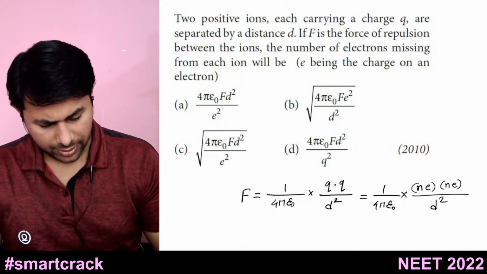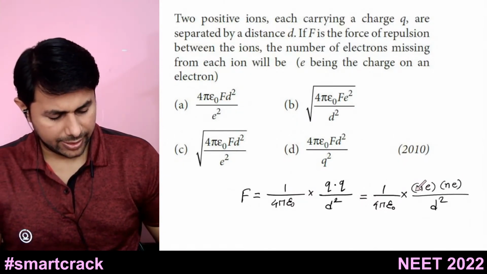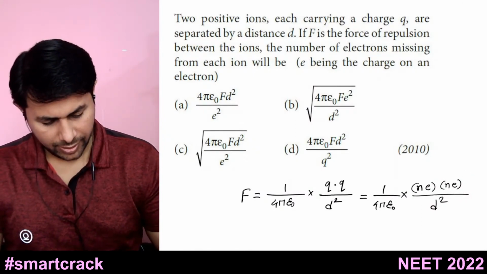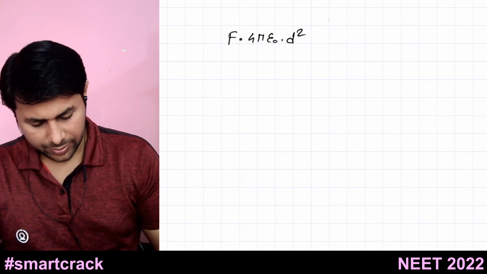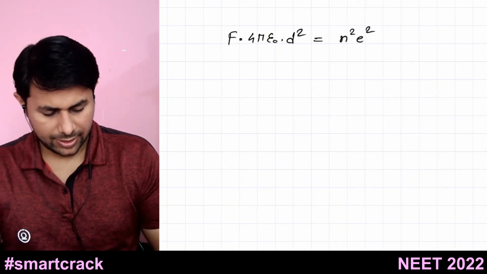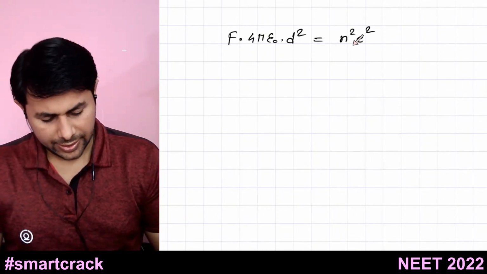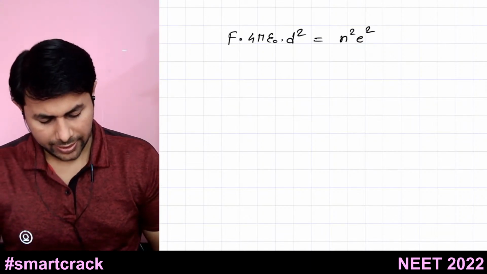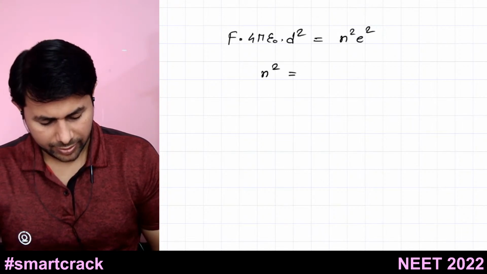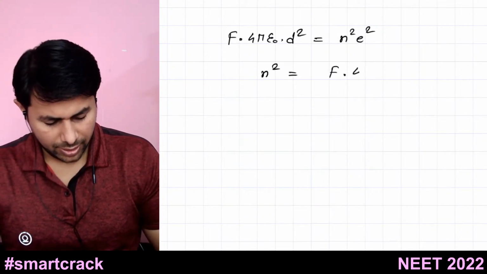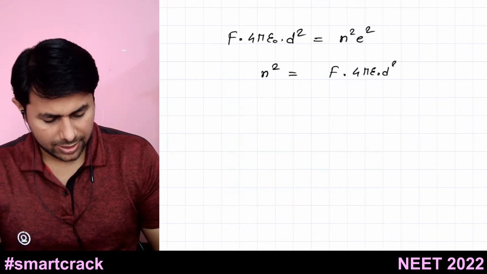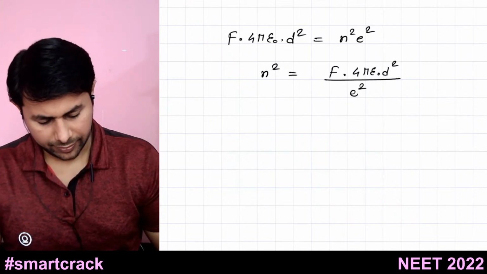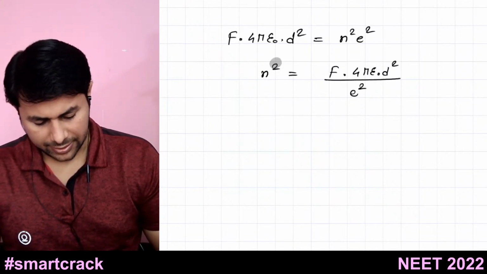This is equal to n square, n into n is n square, E into E is E square. So this equals n square E square, and you want n, so you take E square also on the other side and take the square root. So I will write n square equals F into 4 pi epsilon naught d square divided by E square.